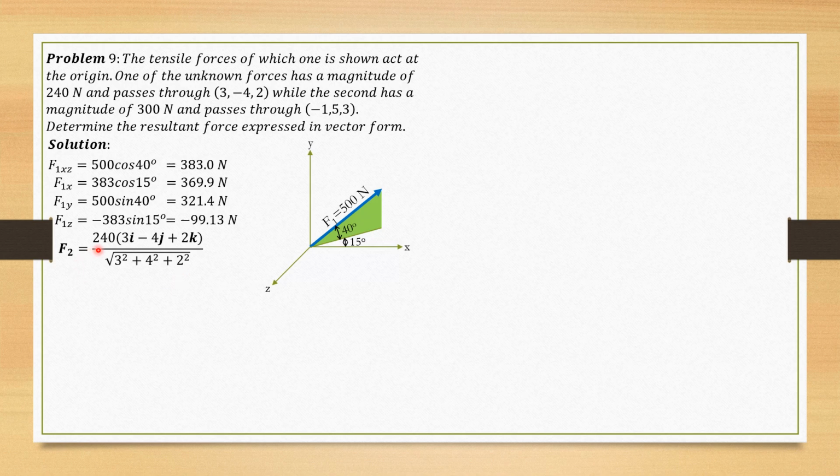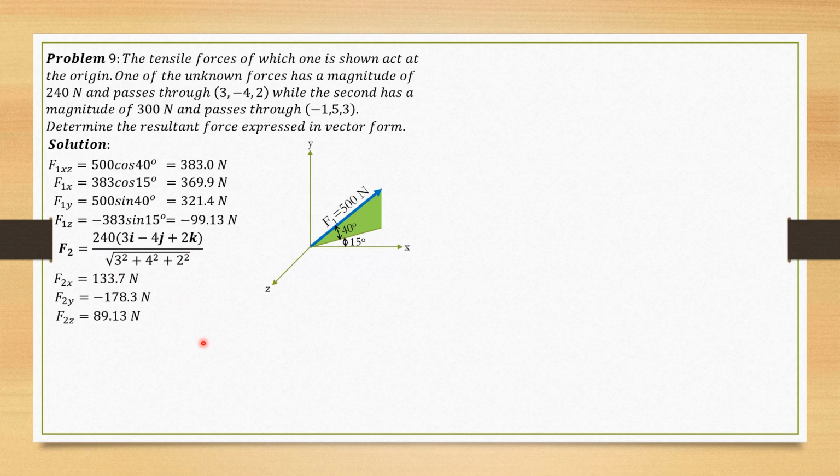So F2x is 240 times 3 divided by this distance, which is square root of 29, so that is 133.7. F2y is 240 times negative 4 over square root of 29, and that would be negative 178.3. F2z is equal to 240 times 2 over square root of 29.